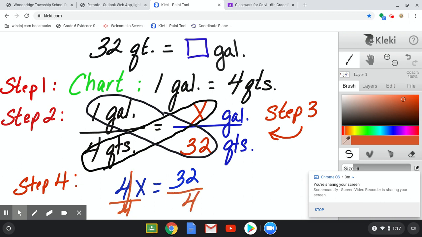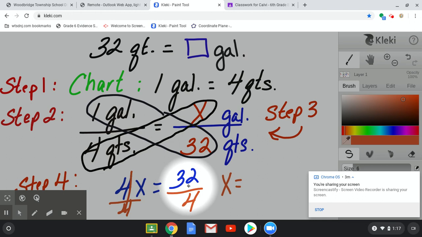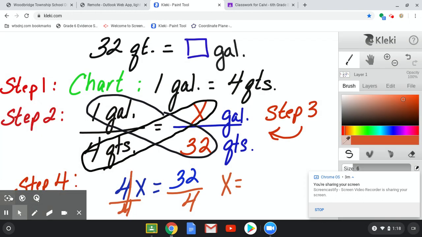These 4's cancel. I'm now going to be left with x is equal to, this is where I need to do the math, 32 divided by 4. You shouldn't need a calculator for this one, but if it were larger numbers, this is the point where you would use your calculator. So 32 divided by 4 is going to give me an answer of 8.